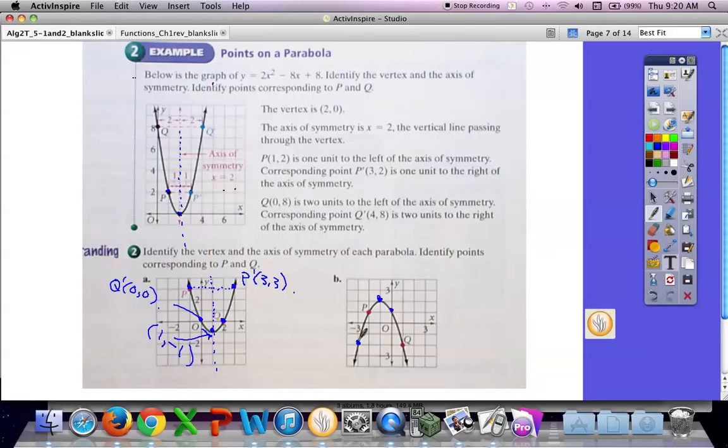What is the vertex? -1, 2, looks right. -1, +2. What's the corresponding point to P? 0, 1, right? What is the corresponding point to Q? -3, -2. We get it? I mean, it's real important. Parabolas are symmetric. We use that.